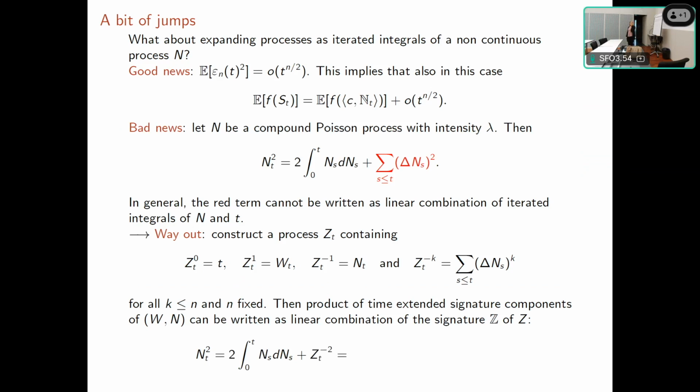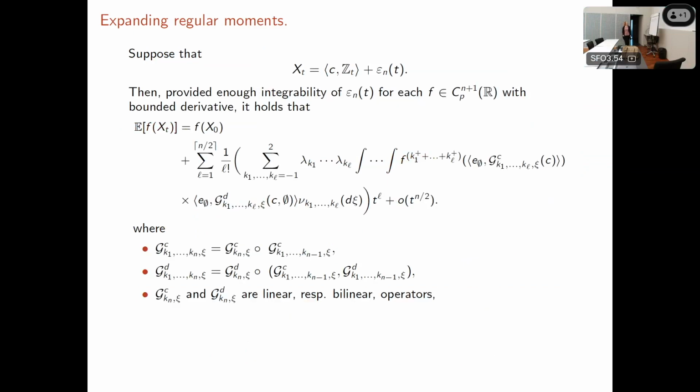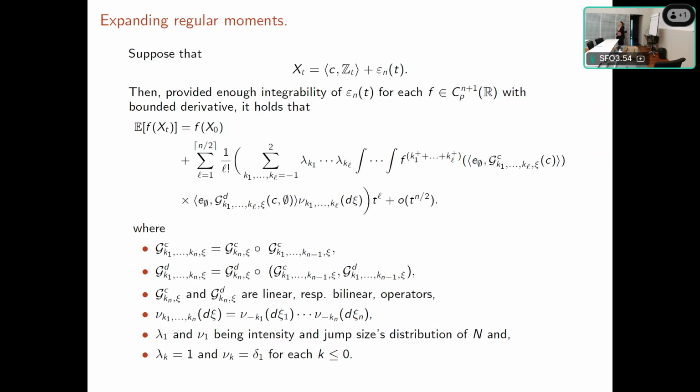Then the product of the time extended signature can be done. And here you resort to the component of Z corresponding to the squared jumps. Okay, I will not enter into detail on that, but the point is that finally you still get an expansion.